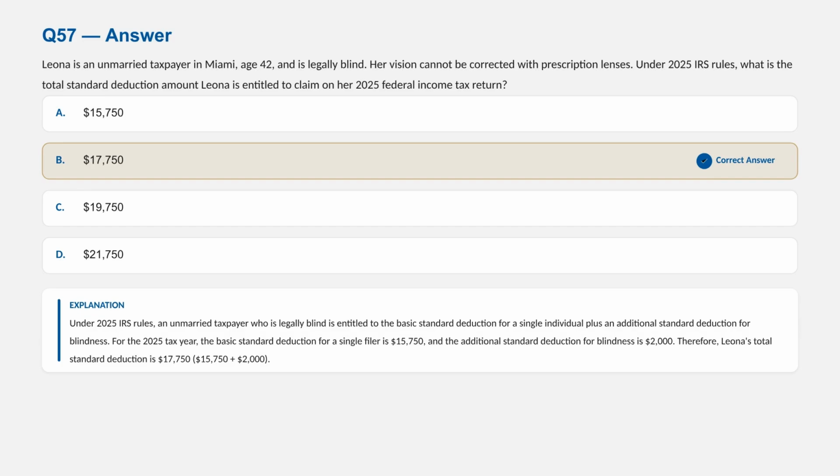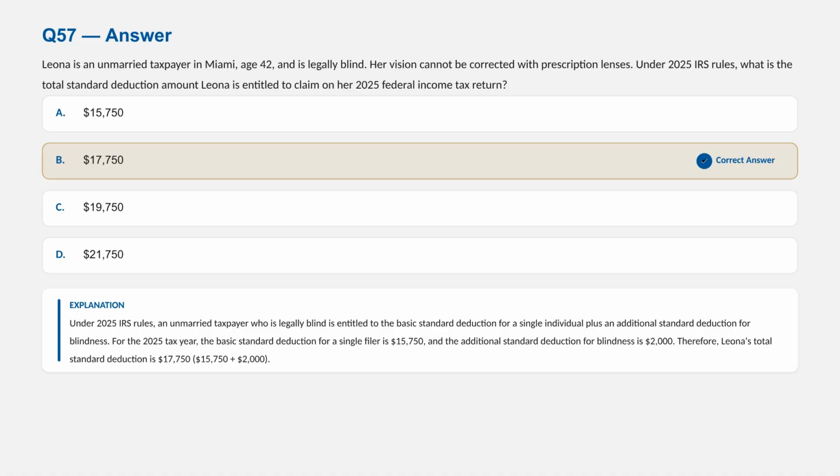The correct answer is B. $17,750. Under 2025 IRS rules, an unmarried taxpayer who is legally blind is entitled to the basic standard deduction for a single individual plus an additional standard deduction for blindness.